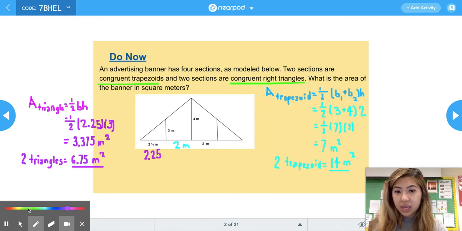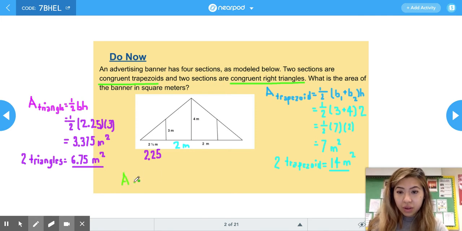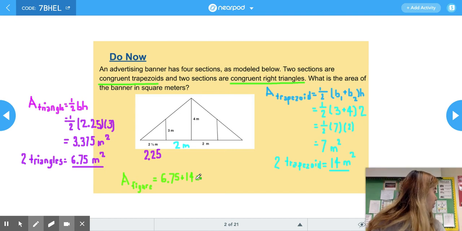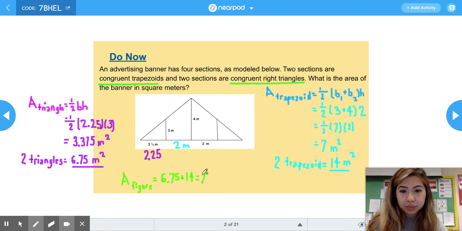And then to find the composite area, or the area of all the shapes all together, I'm going to add together the 6.75 plus the 14 and that gives me 20.75. So my answer to this problem is 20.75 meters squared.